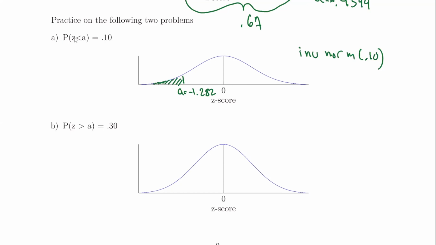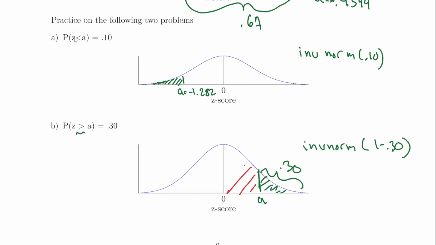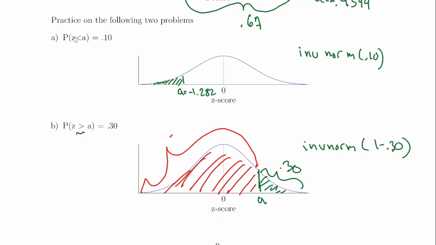All right, so for B, if you look at it, it says greater than. Greater than means you shade the right-hand side. For this one, you want to do inverse norm, and you do 1 minus 0.30, because if this is 0.30, this has to be 0.70.